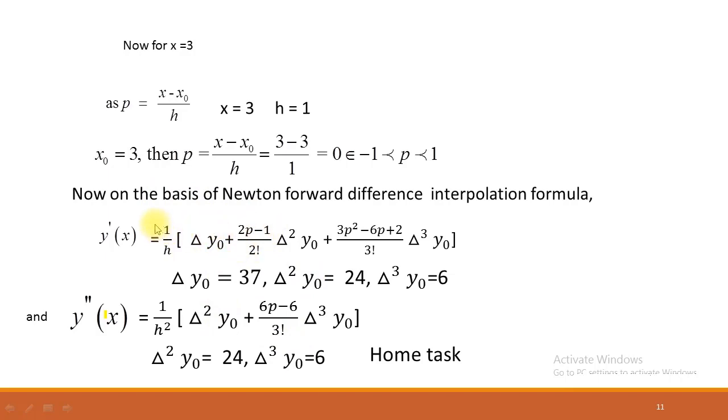You can easily calculate the approximate values of y dash and y double dash. Since the value of x is 3 now, to find the value of p, target the value of x naught.